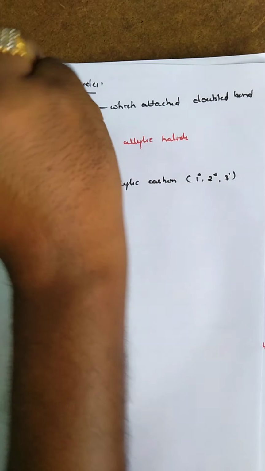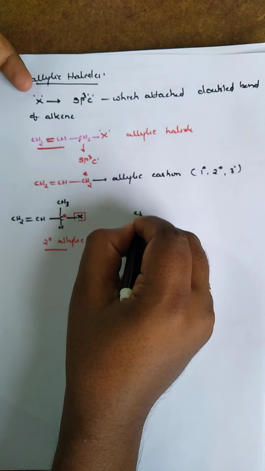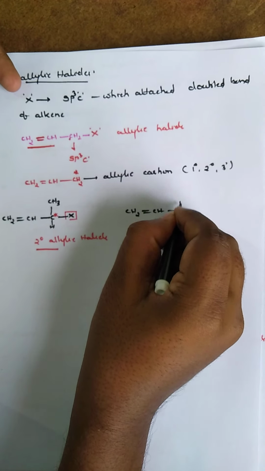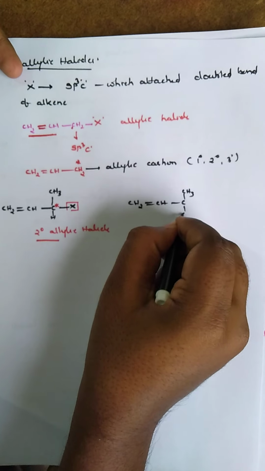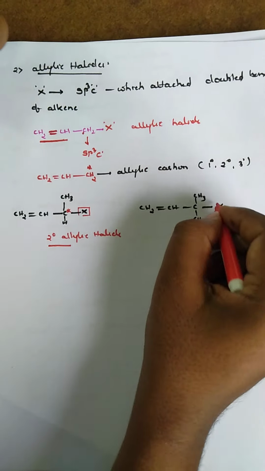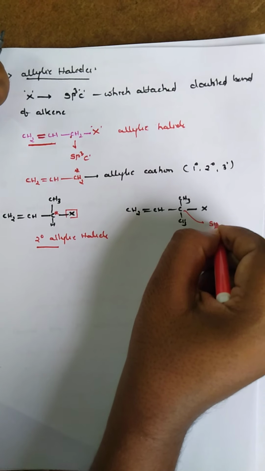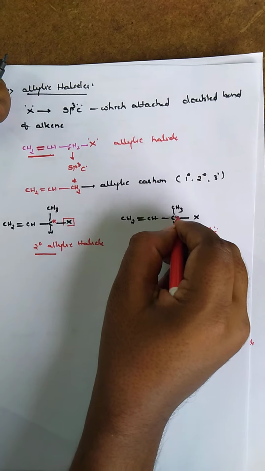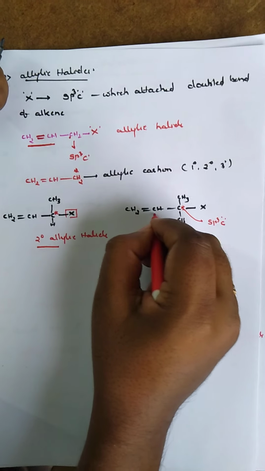Now we will see tertiary allylic halides. CH2 double bond CH, then C, CH3, CH3, then the halogen. The hybridization of this halogen-bearing carbon is sp3 only, but this carbon is attached to three carbon atoms.